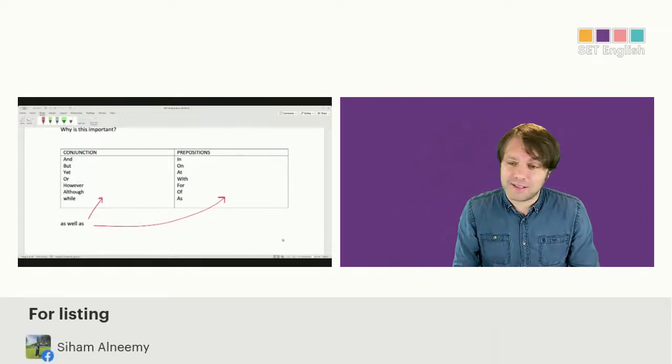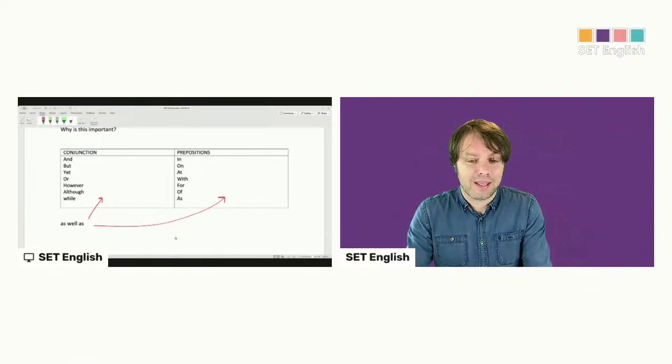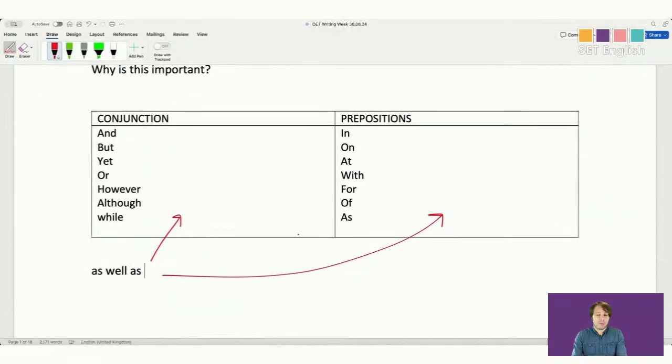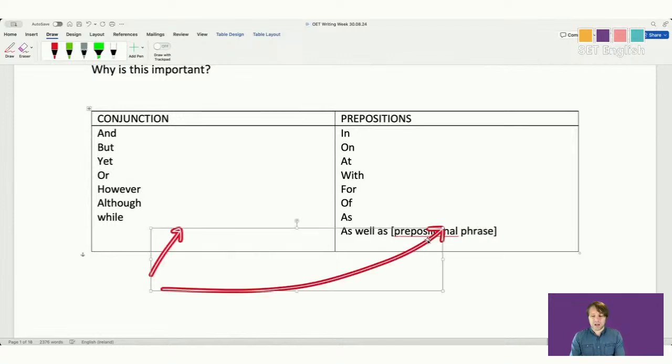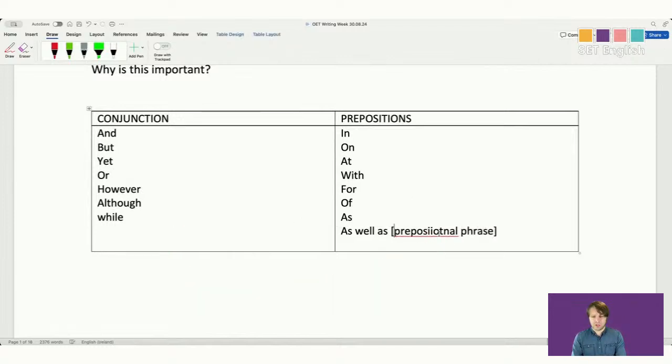It's not, guys. That's the point of this class, okay? Thank you very much. Guys, as well as is a preposition, right? It's a preposition as well as. It's actually called a prepositional phrase, right?